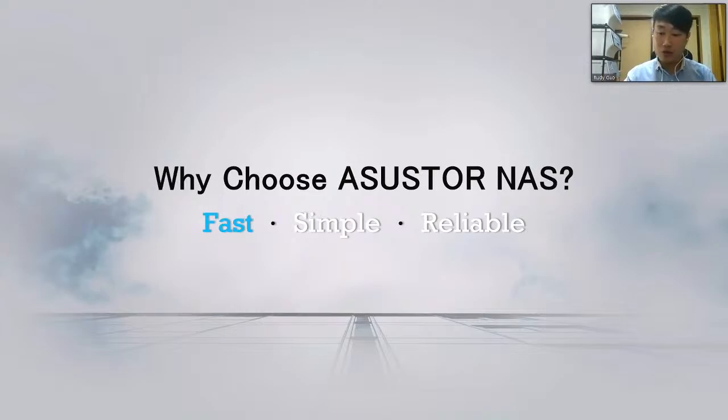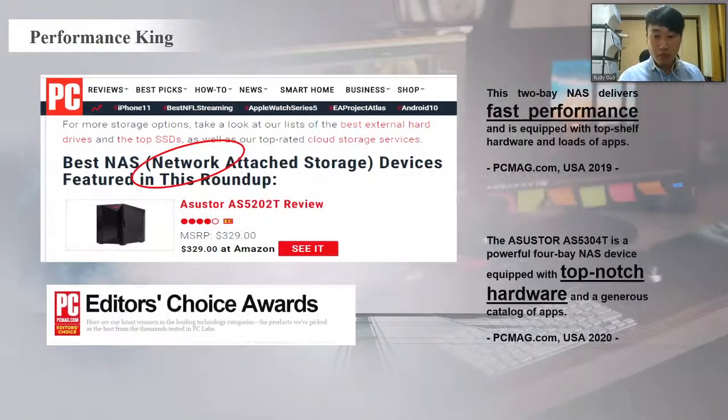Talking about fast, last year, 2019, one of our series, called the Master, received the Editor's Choice Award, and this year we are also listed as a Best NAS and got into the editorial picks. This was reviewed by PC Magazine, the US-based online magazine that tests and reviews computer and internet-related products worldwide.